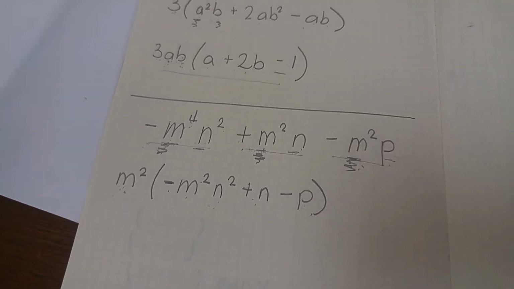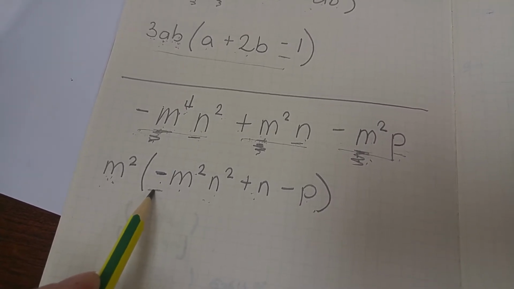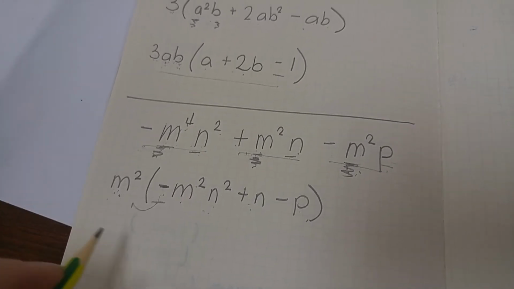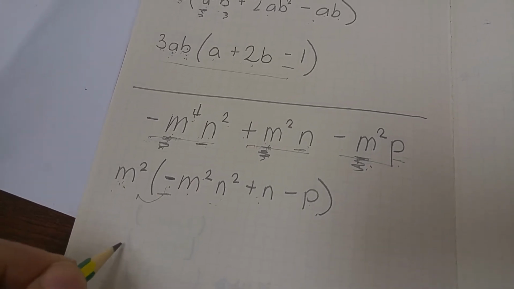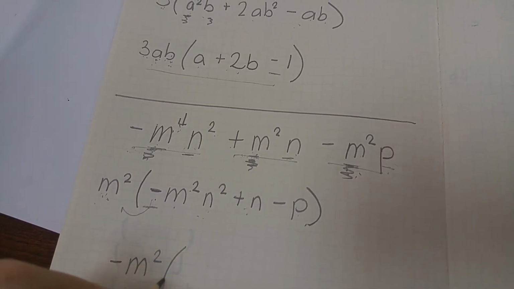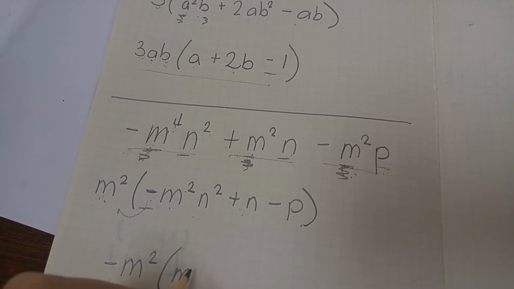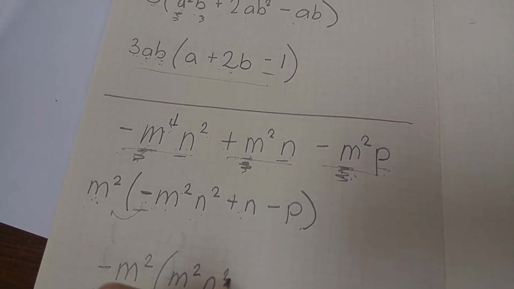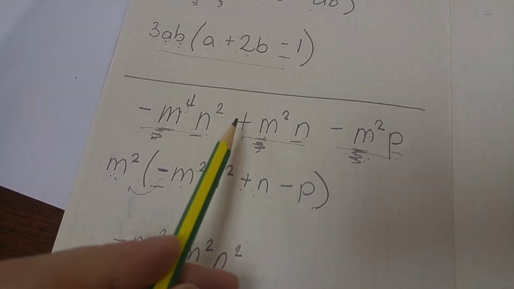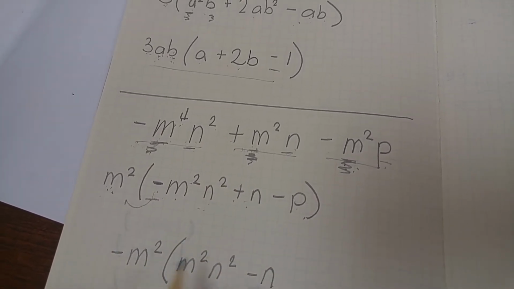One last thing we want to do here is we want our first term to be a positive number. So we can take the minus one outside of the brackets. Okay, so that would mean we have minus m squared. This would become a positive. So that must become a negative because we want it to be a positive, and a negative times a negative is a positive.